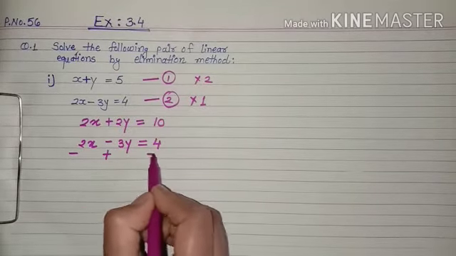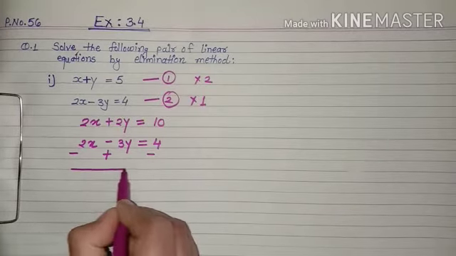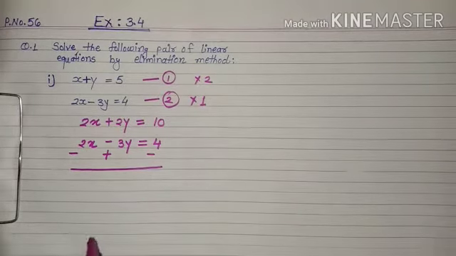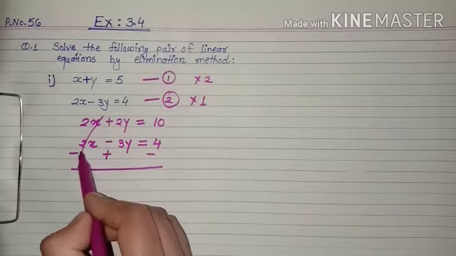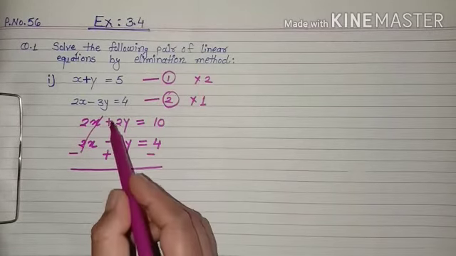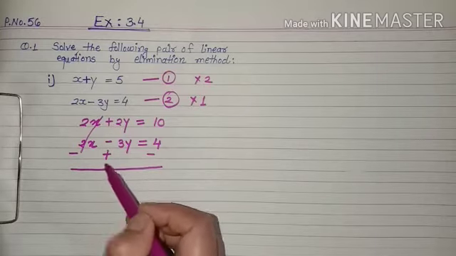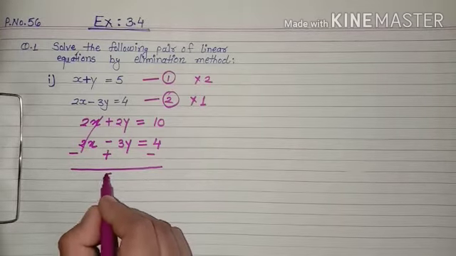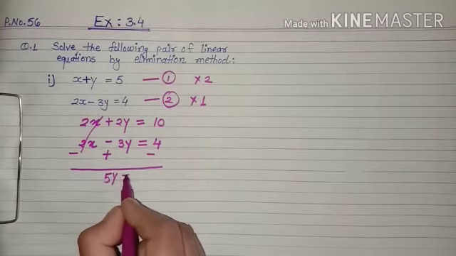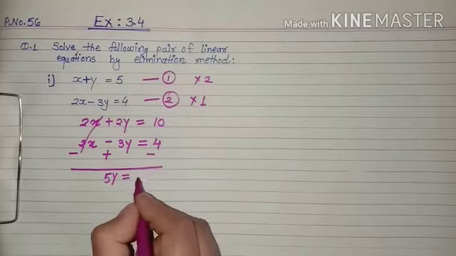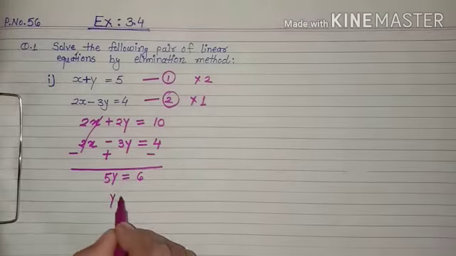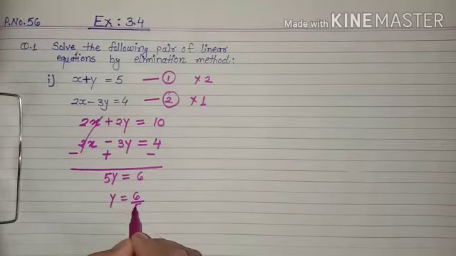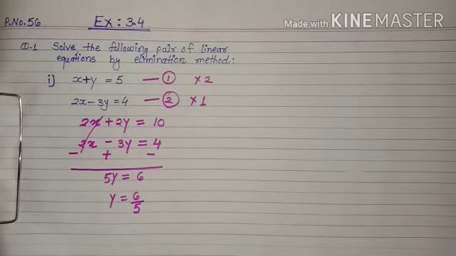So plus 2x cancels with minus 2x, and we get 2y plus 3y as 5y, and 10 minus 4 is 6. So the value of y is 6 upon 5.